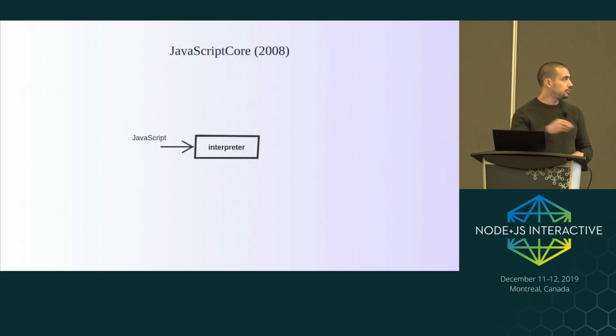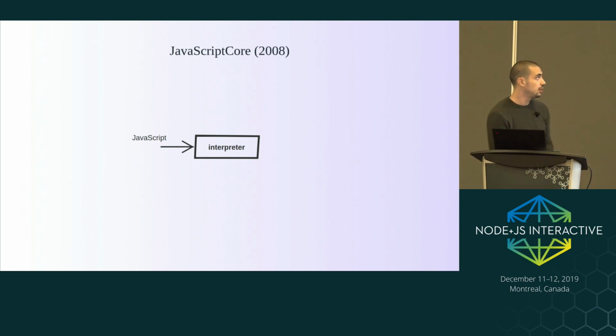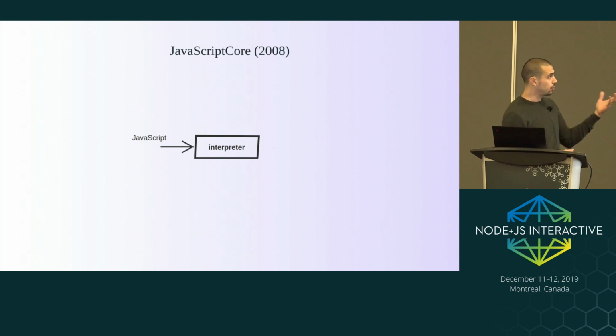Now we will go through a couple of diagrams on how JavaScript engines would look around that time. JavaScriptCore being the engine for Safari. And again, in this overly simplistic engine, we see an interpreter which will take the JavaScript and run it with no code being generated whatsoever at that time.